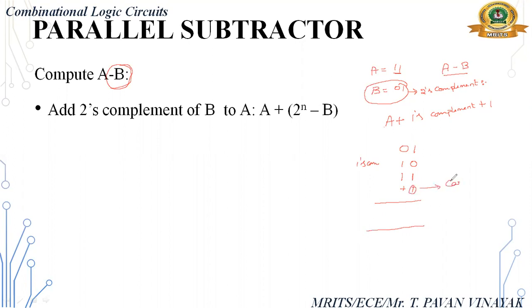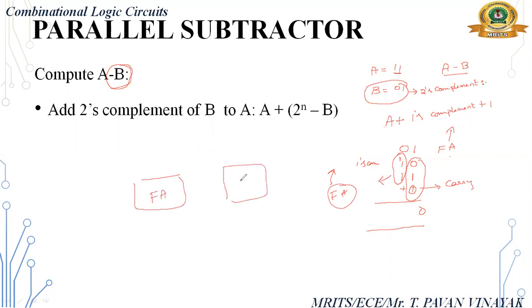So this is a 3-bit addition, a full adder. Now 1 plus 1 is 0, carry 1. Again we get 3 bits here. So this one is a full adder. So full adder, full adder. I am writing full adder here, and again I am writing full adder here.